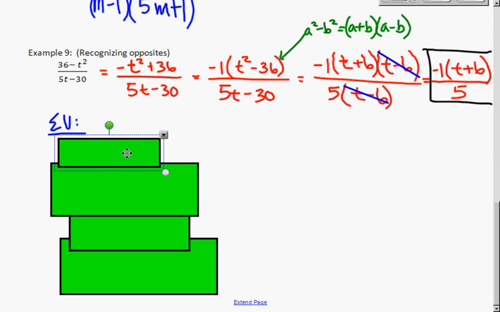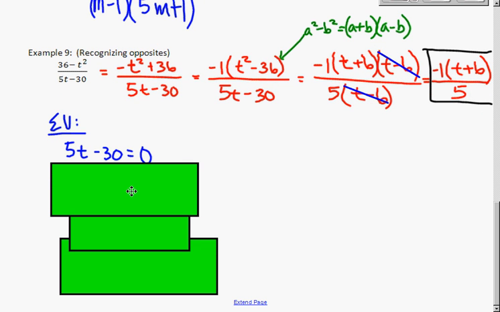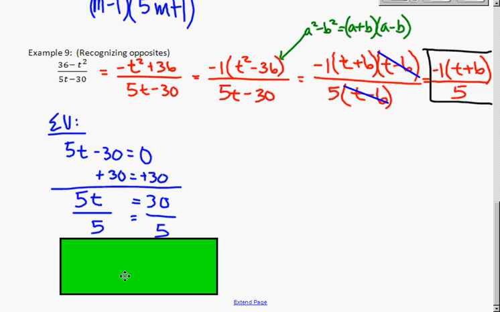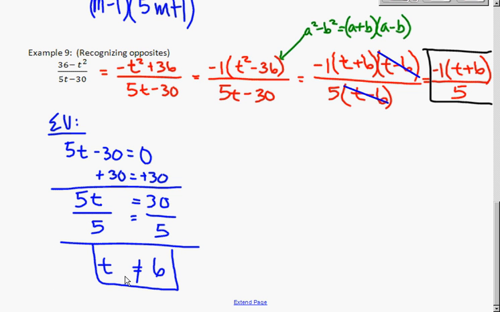Excluded values, set your denominator equal to 0. Solve the equation, add 30 to both sides, divide both sides by 5, and we wind up with t cannot equal 6. This concludes Lesson 51, 9-2, Simplifying Rational Expressions.